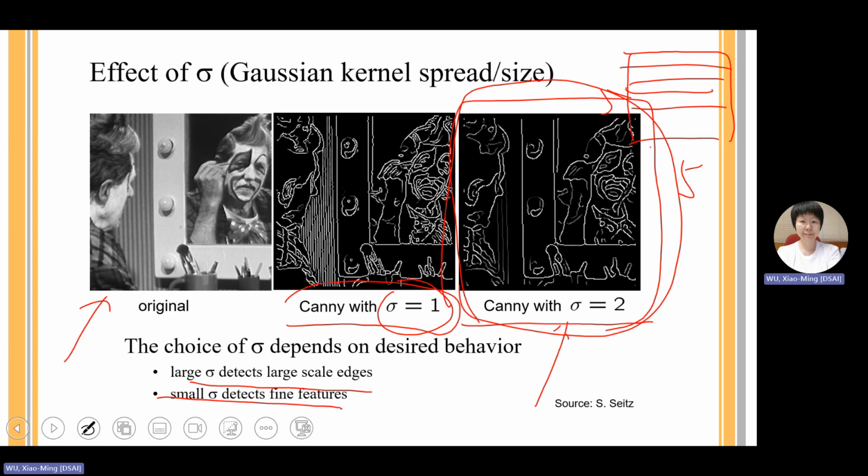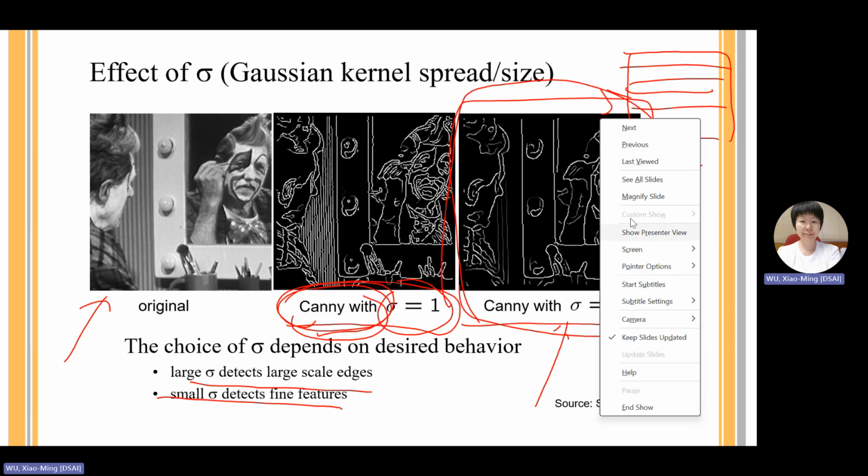Remember, when we say Gaussian kernel, we mean the derivative of Gaussian kernel in the Canny edge detector.